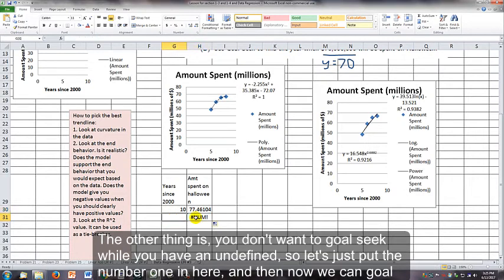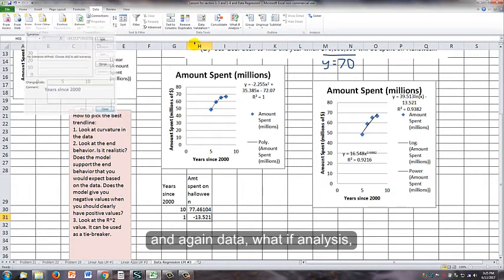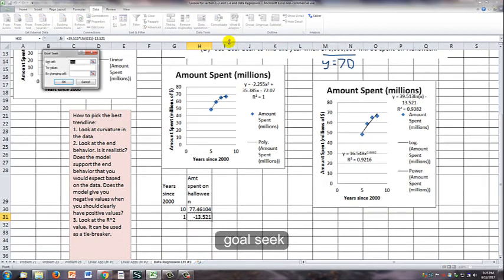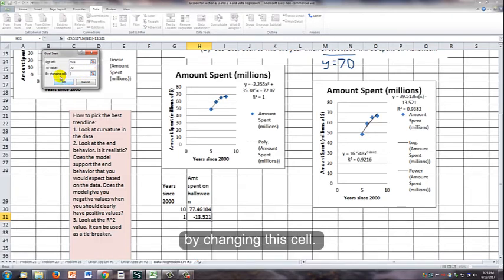The other thing is you don't want to goal seek while you have an undefined. So let's just put the number 1 in here, and then now we can goal seek. And again, data, what if analysis, goal seek to value 70, not 70,000,000. That would give you an error, by changing this cell.